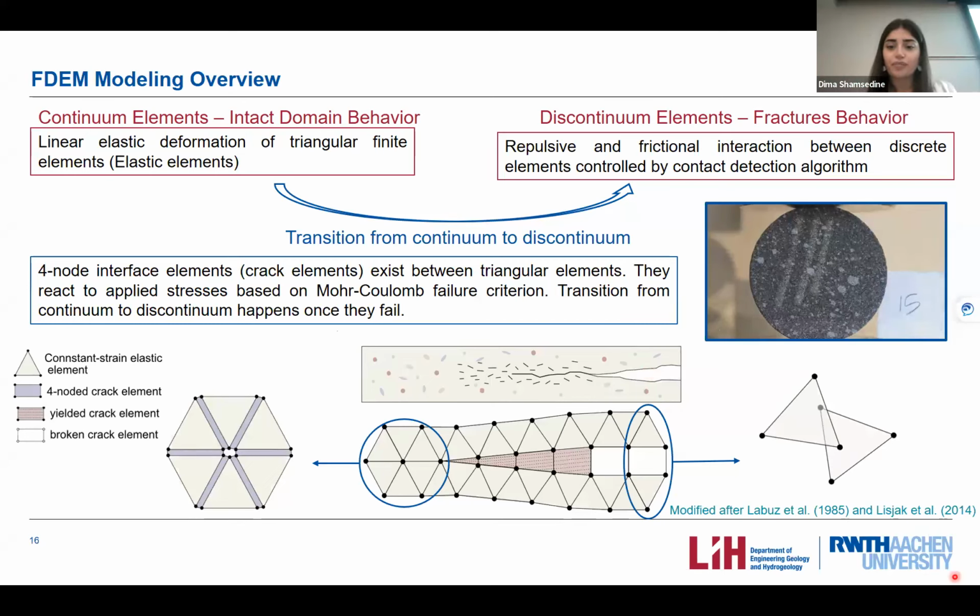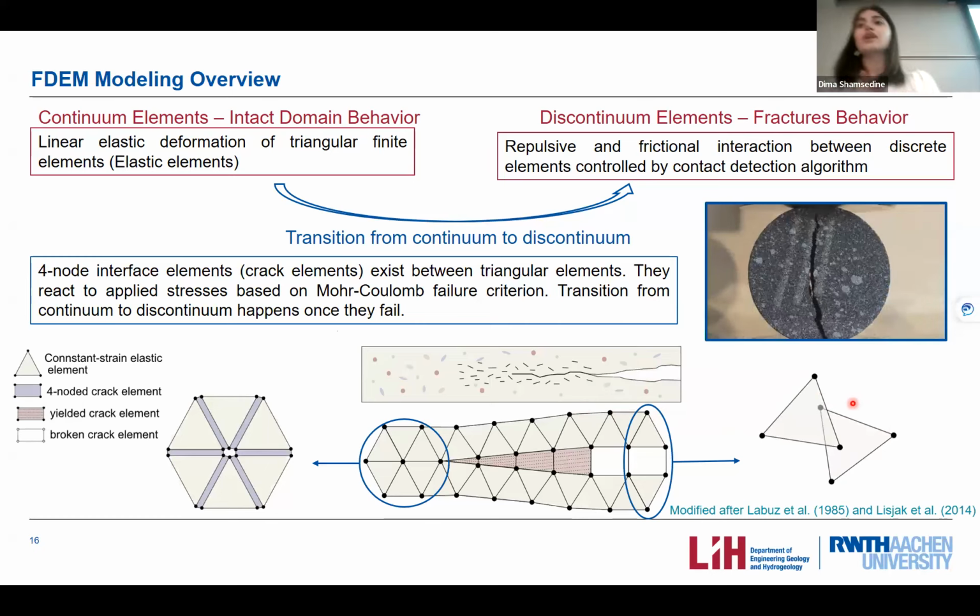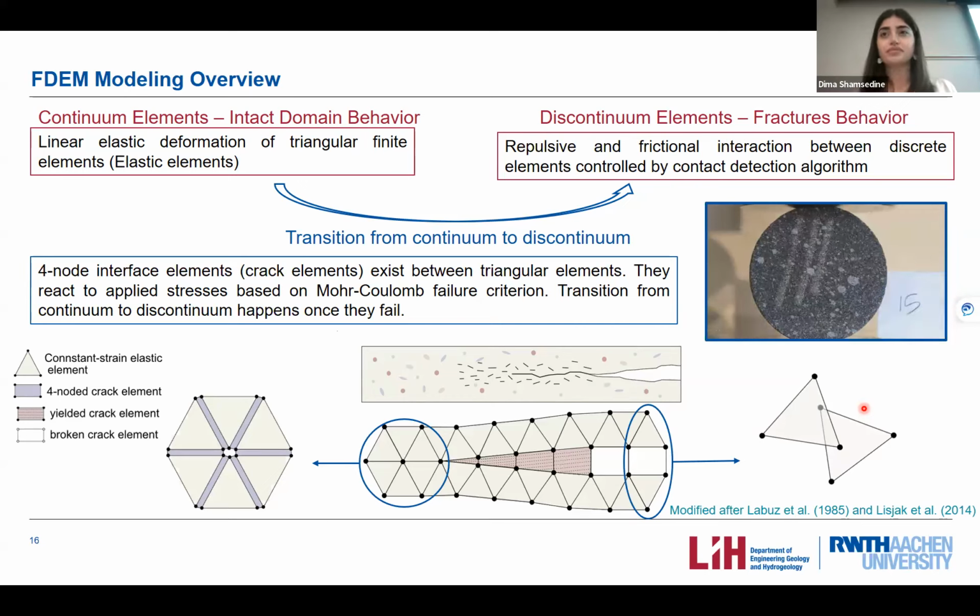Now, after the fracture happens, we will have two separate discrete bodies, for example these two elements. These two elements will react as well, and there is a specific detection algorithm which detects if the two discrete bodies are in contact, and hence creates the reaction forces between these bodies.